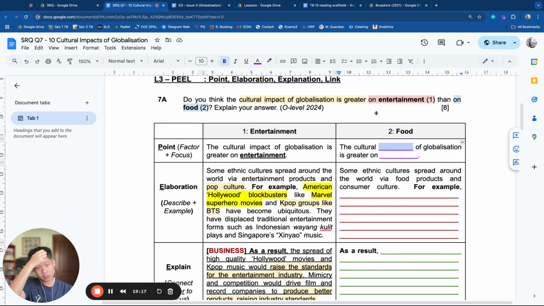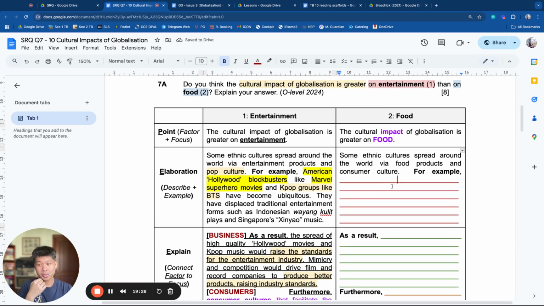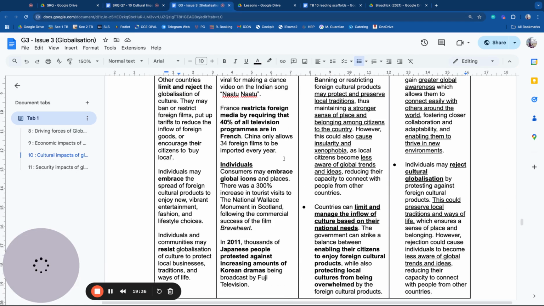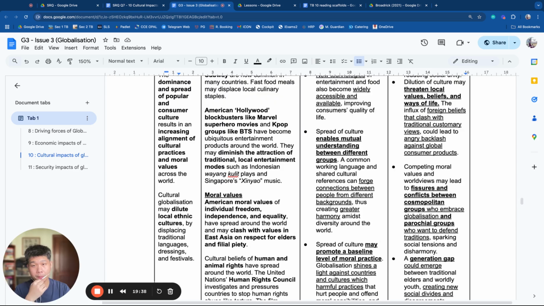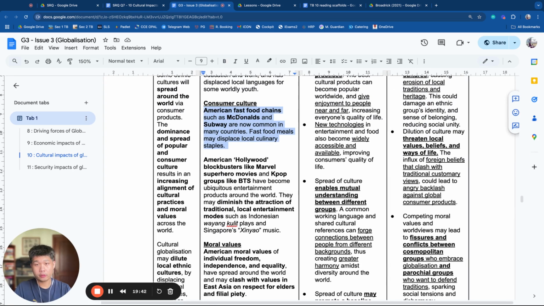So this one I continue on from the statement, the cultural impact of globalization greater on food. So some ethnic cultures spread around the world via food products, consumer culture, for example. Some of this may come off the top of your head, or you can use your textbook, or jump to the notes, and you will see American fast food chains.